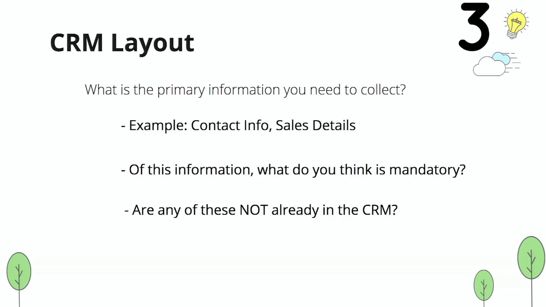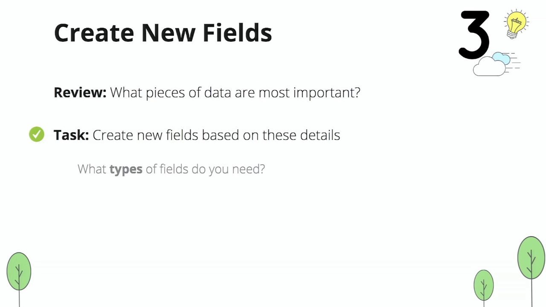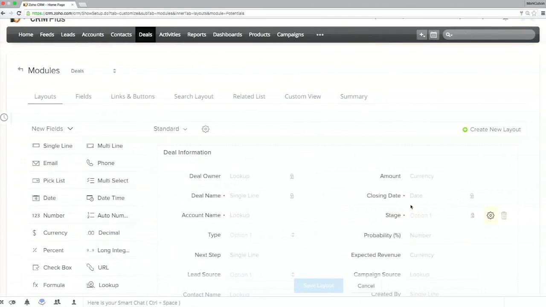But what are other things in your business that you collect from your customers that might not already be in the CRM, right? So think about those things for a second. And what you can do inside the CRM is actually create those fields and make those modifications to make things important, right? So how do you do that?